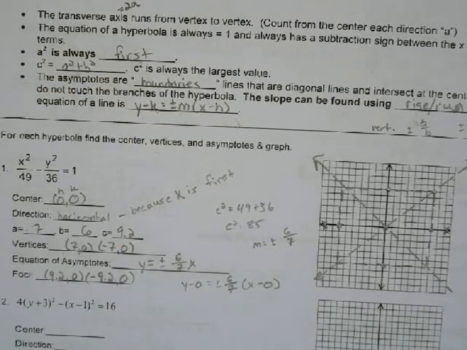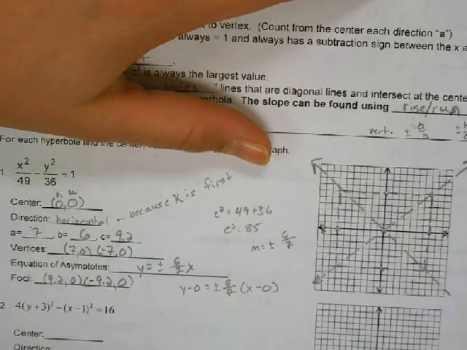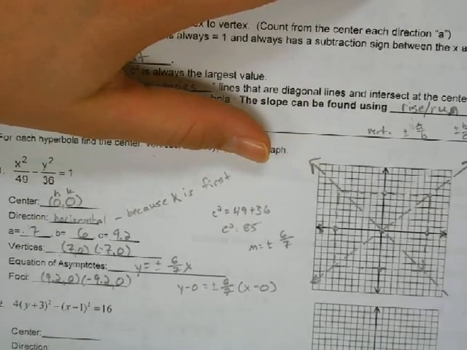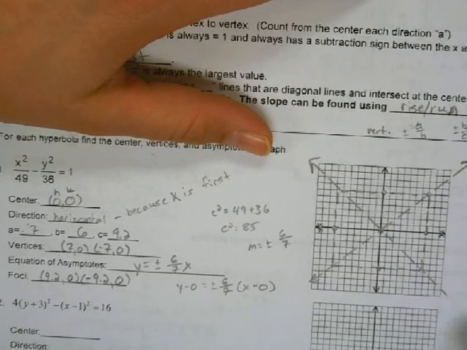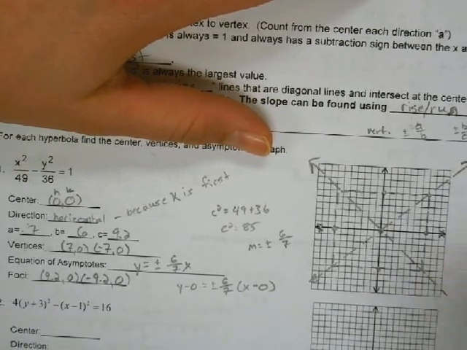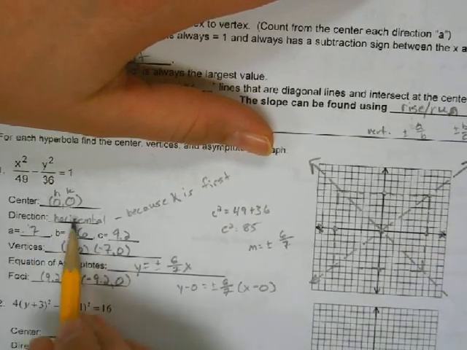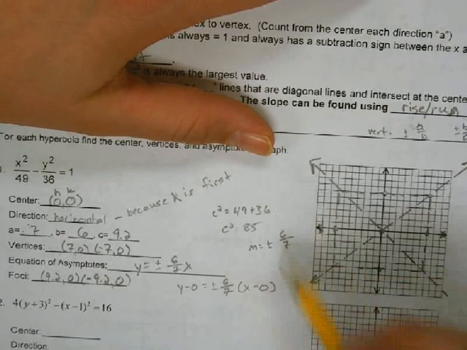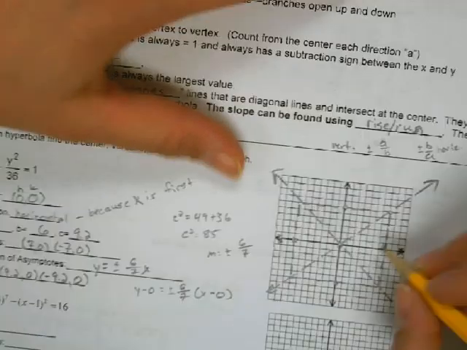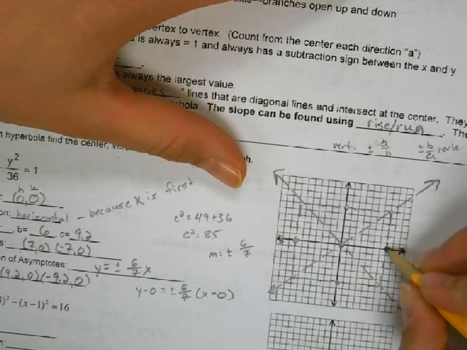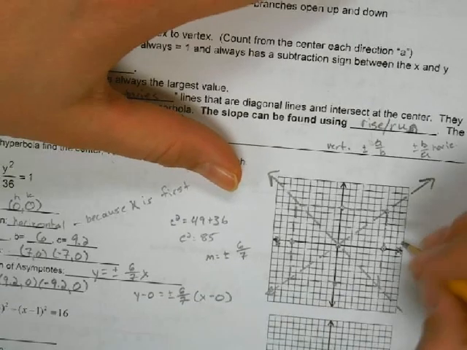The very last step of this hyperbola is to actually draw the hyperbola itself. All of this is just guidelines so that you can draw a hyperbola. This is a horizontal hyperbola, so it's going to open left and right. It's going to touch your vertex, and that's super important because this is what I'm going to look for when you take your test.